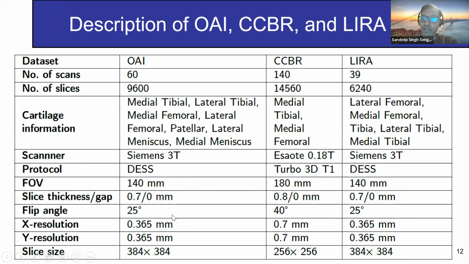For this work, we collaborated with the radiologist at Copenhagen University, Denmark. The radiologist provided the Lyra and CCBR datasets. This Lyra dataset has been applied for the first time on our method. No one had used this Lyra dataset until now. And these are the different parameters generated from a scanner.